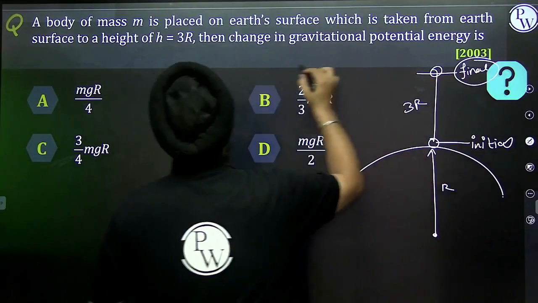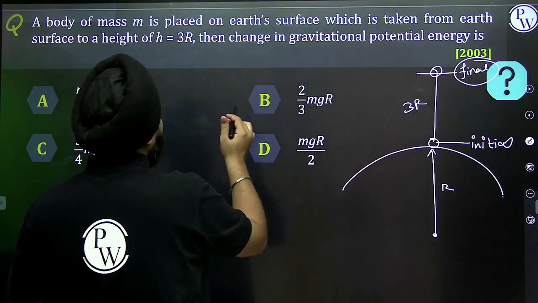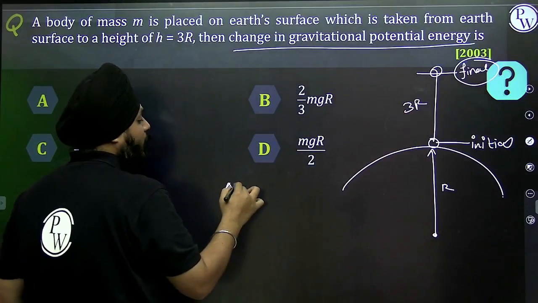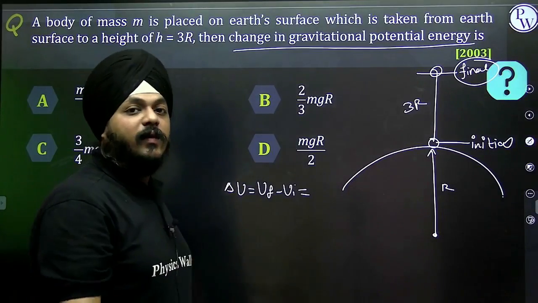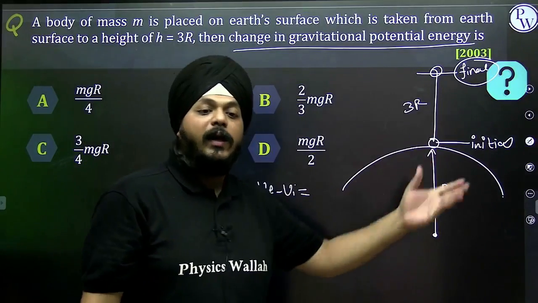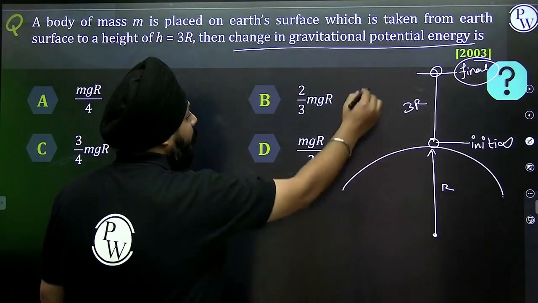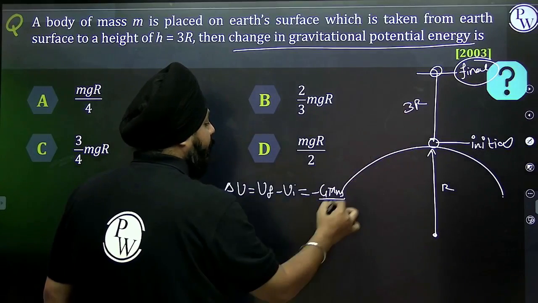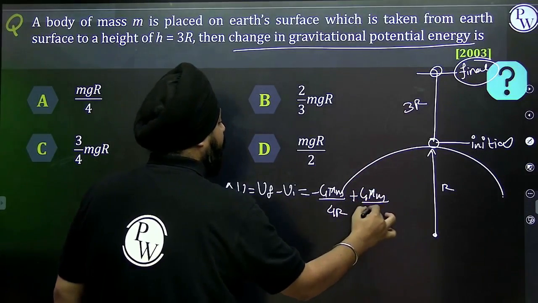How much work is done? Or you can say directly they have asked what is the change in the gravitational potential energy. That is the same as the work done by the external agent in such a way that the velocity of the particle is kept constant. So the final is minus G M m divided by 3r plus r, which is 4r, plus G M m divided by r.